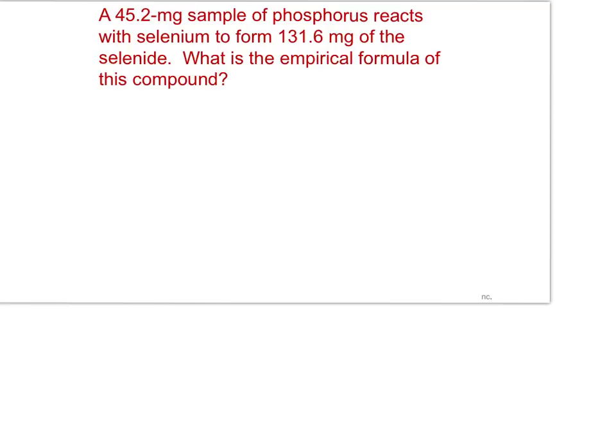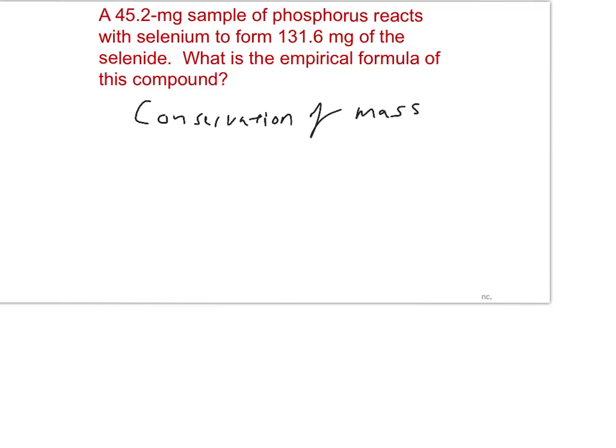The key to working this type of problem is you have to recall the law of conservation of mass, which states that in a chemical reaction matter is not destroyed. That means the mass of matter in your reactants must equal the mass of matter in your products.